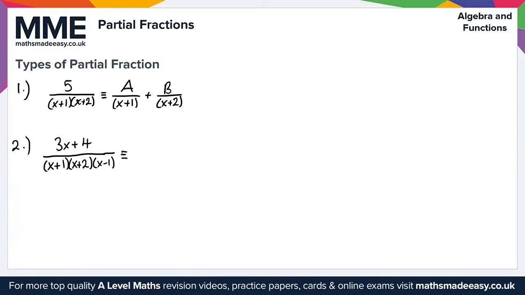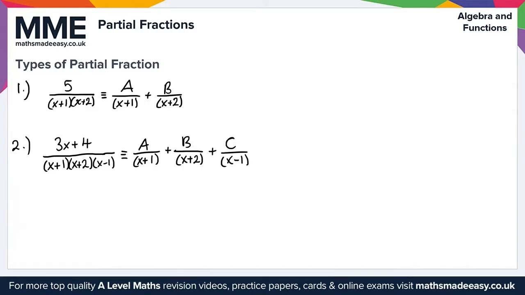And we could write this as A over x plus 1 plus B over x plus 2, and finally our final part here as C over x minus 1.